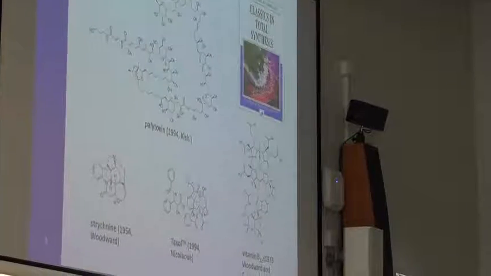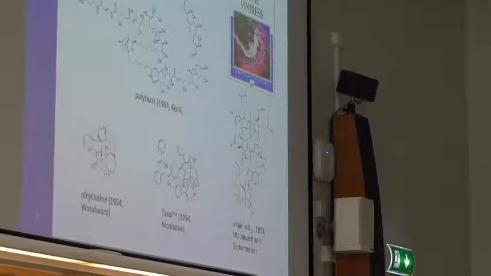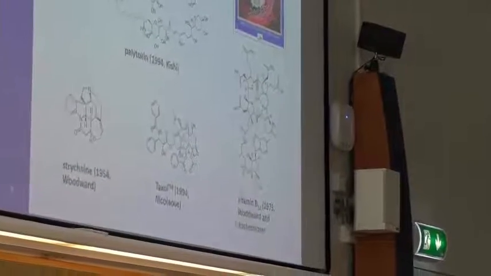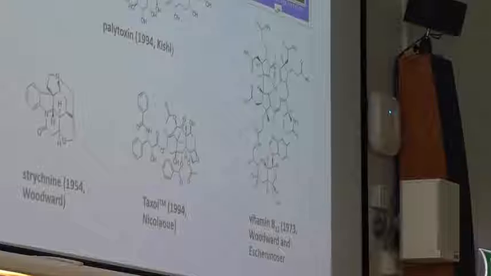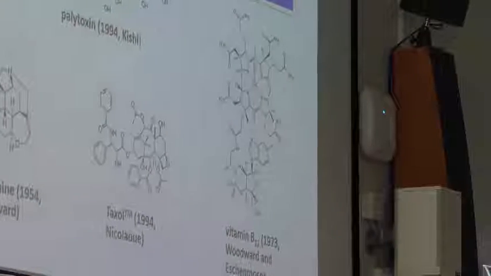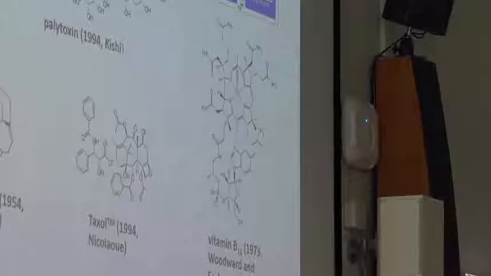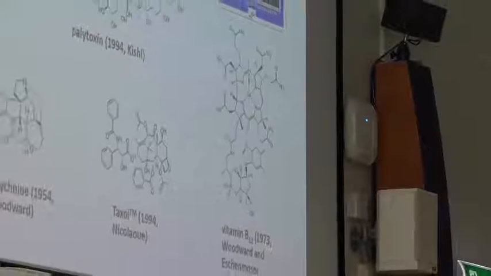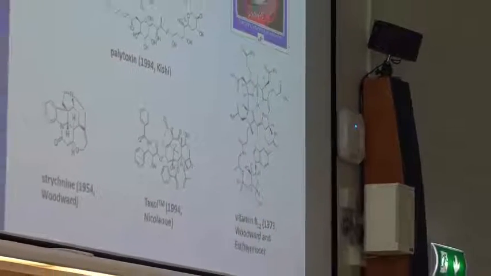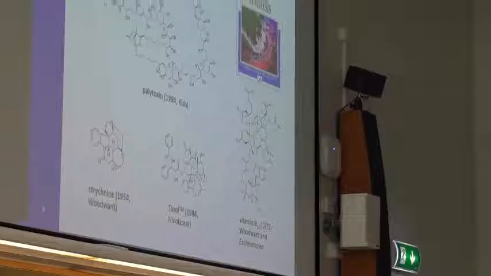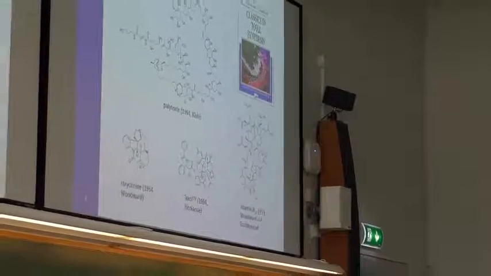Some of the syntheses presented in the book consist of more than 30 synthetic steps. How is it possible to plan and perform a 30-step synthesis? I hope this lecture will give you some idea how this is possible.